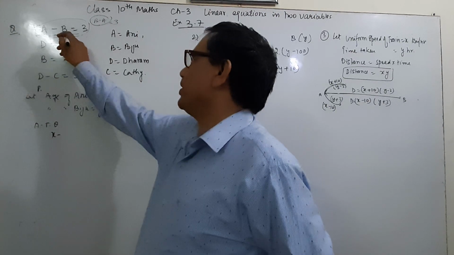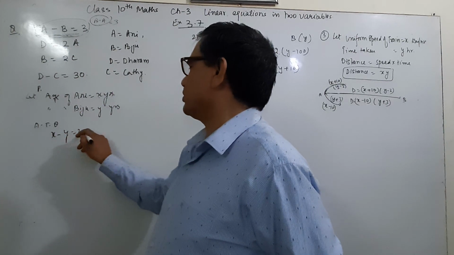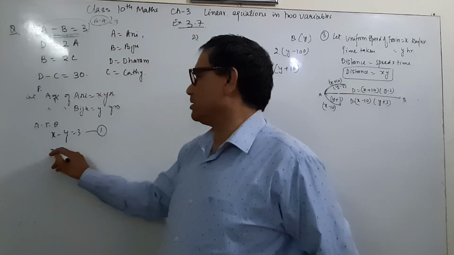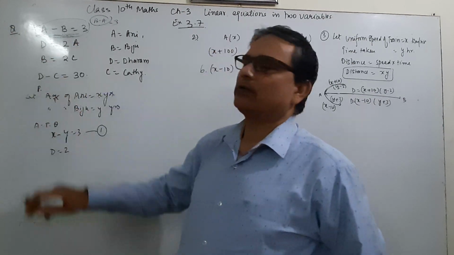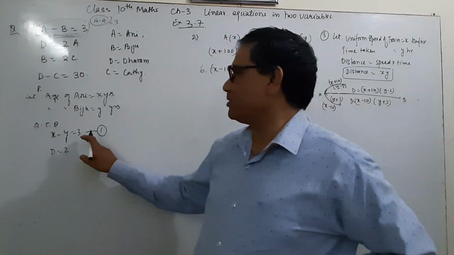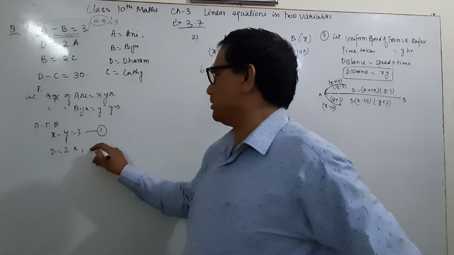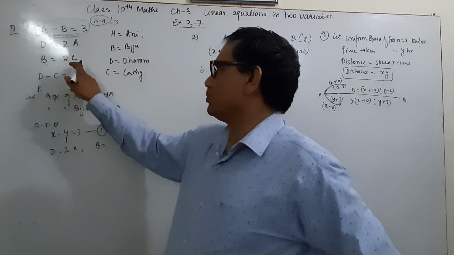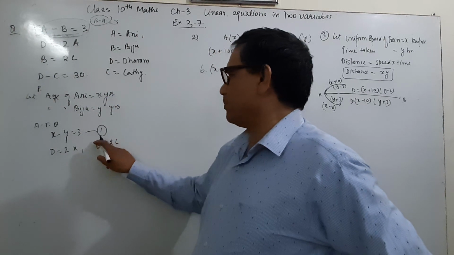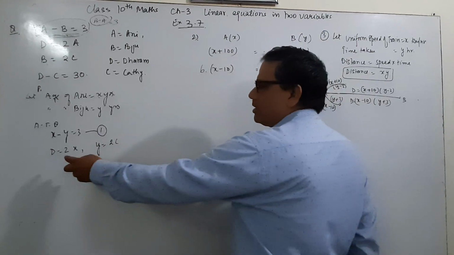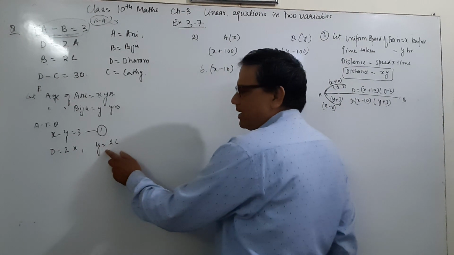X minus B, that is Y, is equal to 3. This is equation number first. And second is D. Age of D is equal to 2 times A. We assume A is equal to X. And B is equal to 2C, and B is Y.